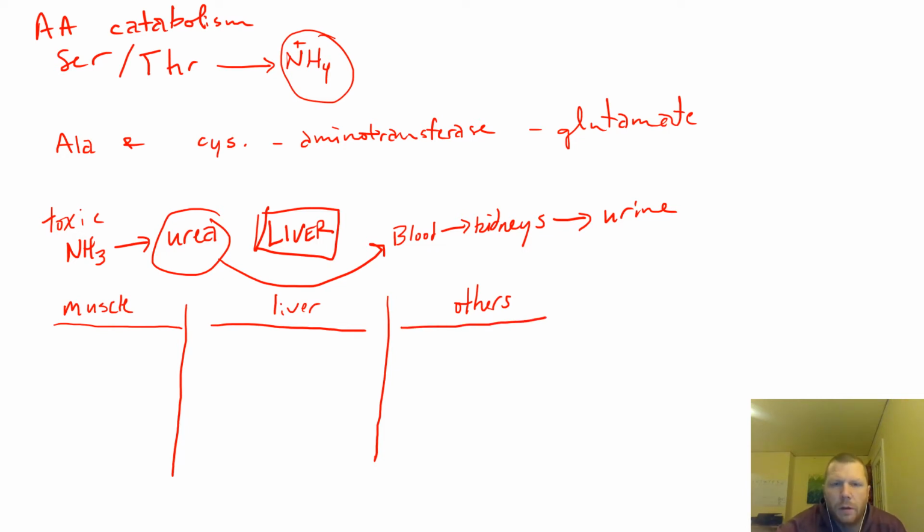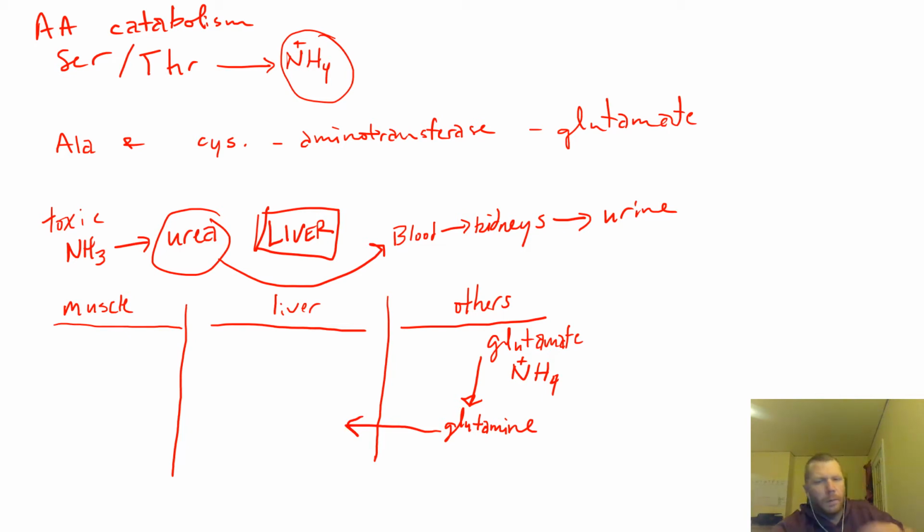Okay. Now, glutamate as a starting molecule in other tissue, well, what we can do to that is we can put some of our NH4 onto it and make glutamine. Glutamine can be transported through the blood into the liver.